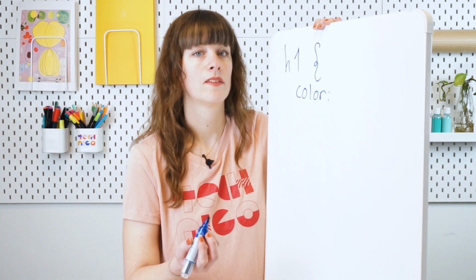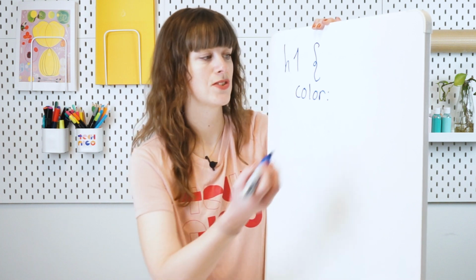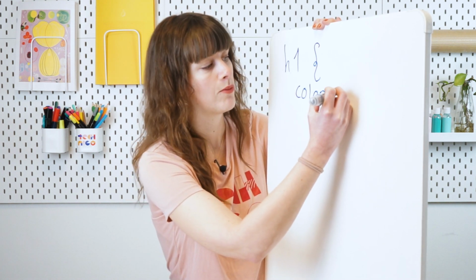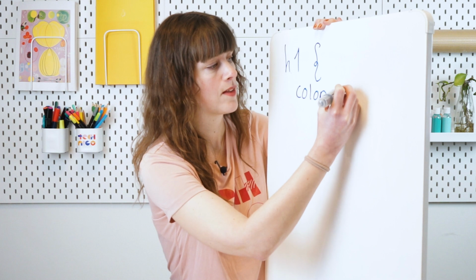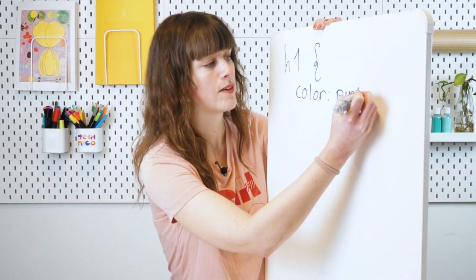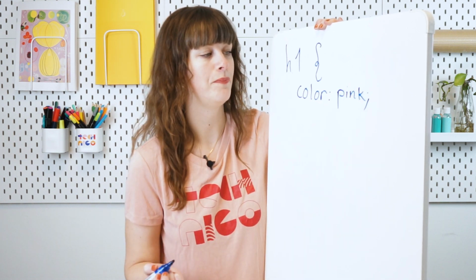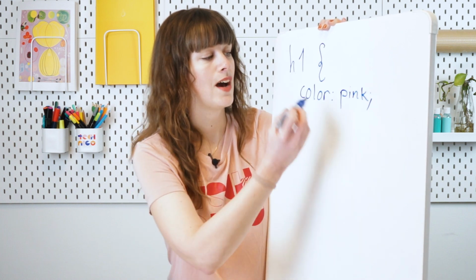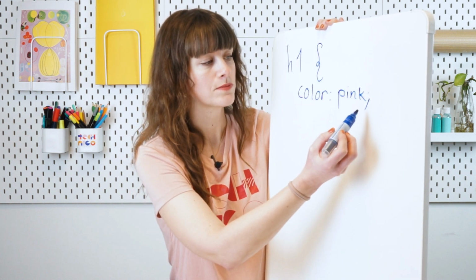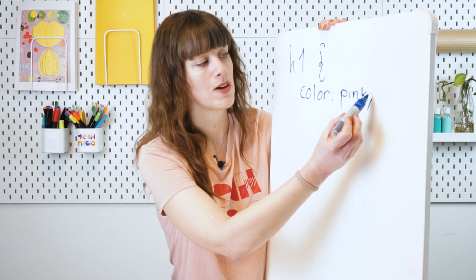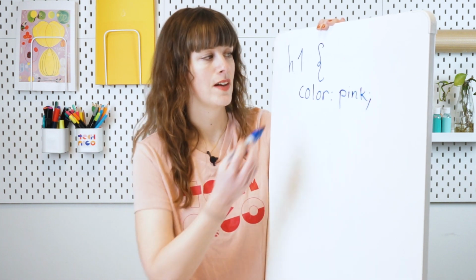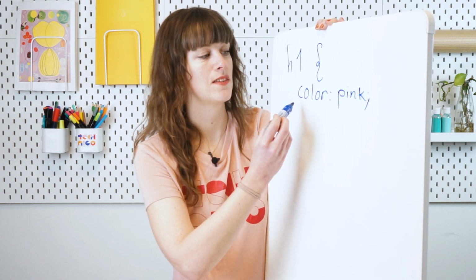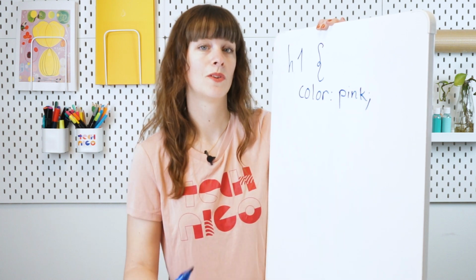Here you can write a hex code or just an actual color. So I will write pink for now. And after you write the rule, you end with a semicolon. That's how the CSS knows that this line is one rule.